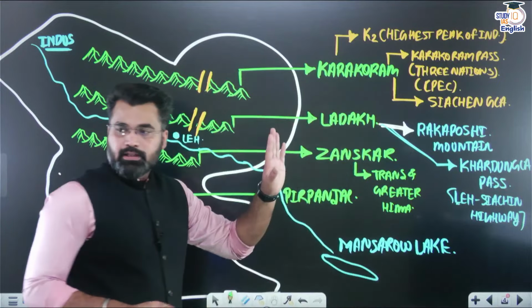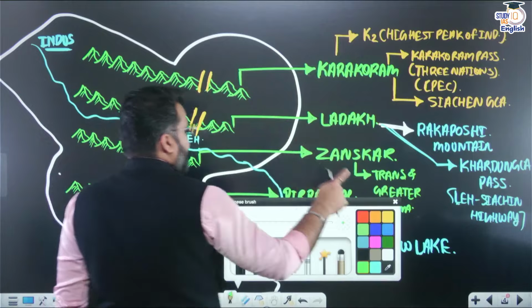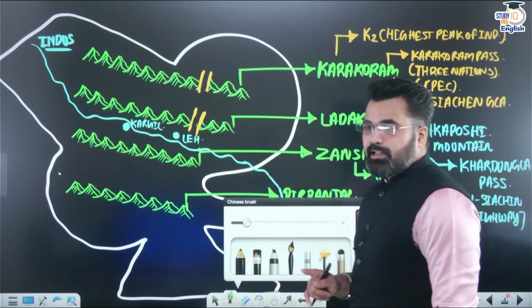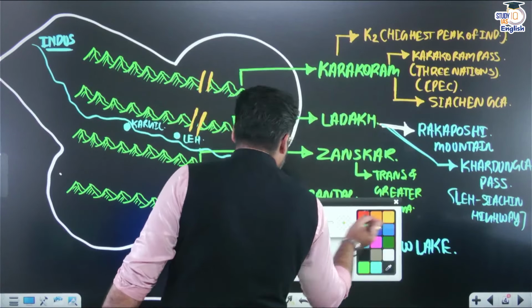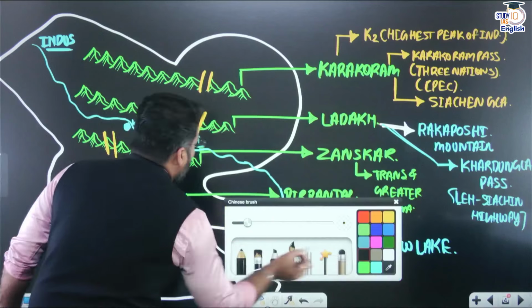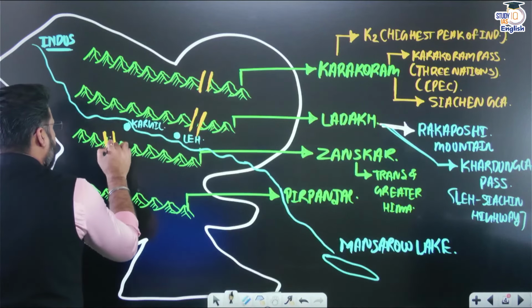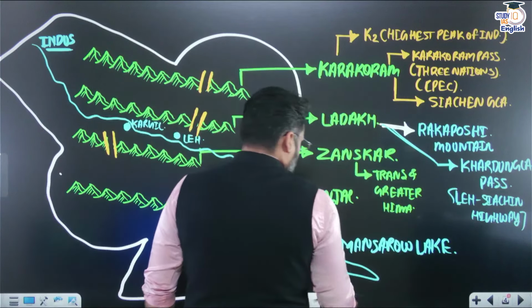Fine, done. Now you can see there are two major passes present in the Zaskar range. The first one is called Burzil Pass. Burzila Pass. La stands for pass.